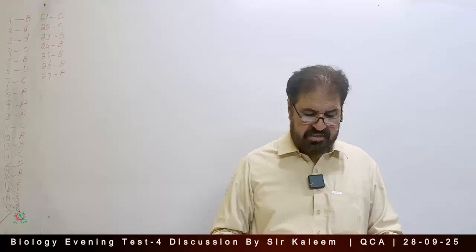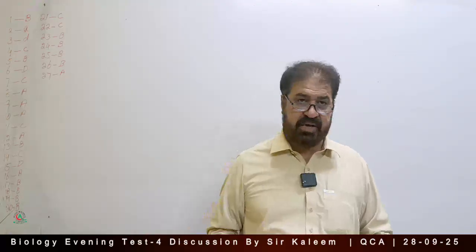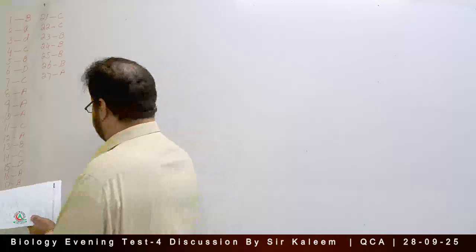Question number 28. The last menstrual cycle is called menopause. Menopause is the stoppage of the menstrual cycle, which usually occurs at the age of 45 to 50 years. Option B is correct.